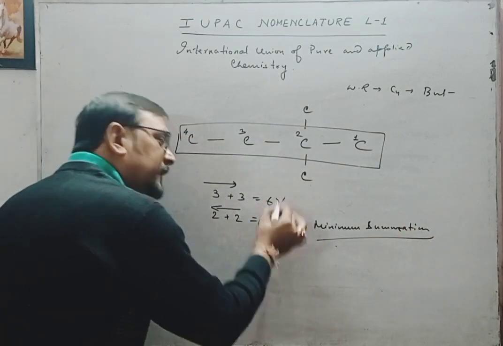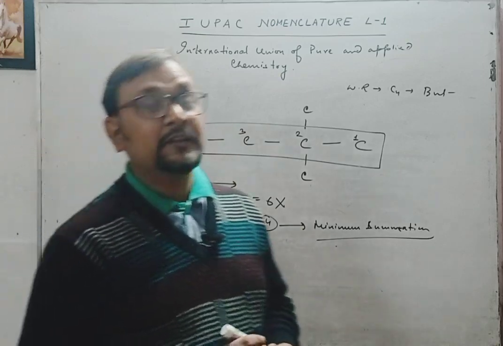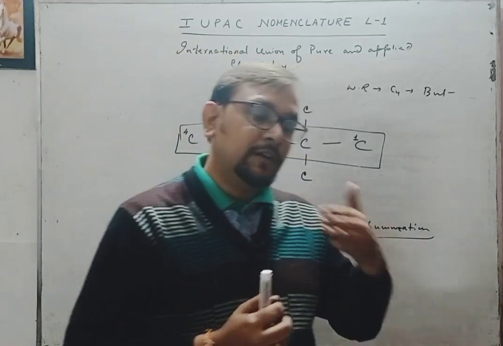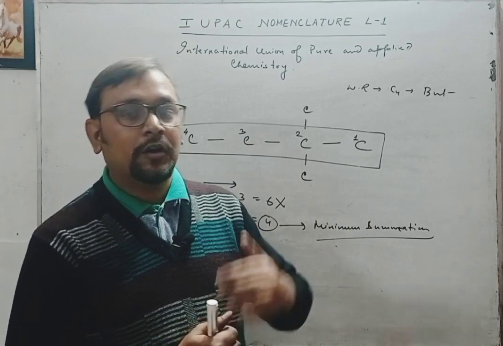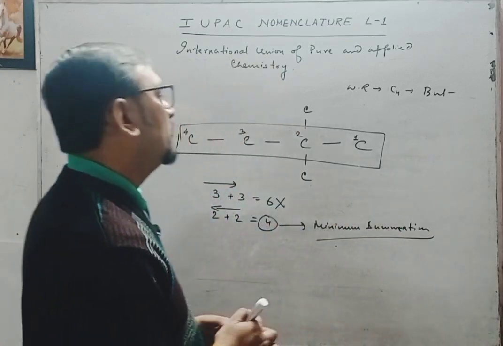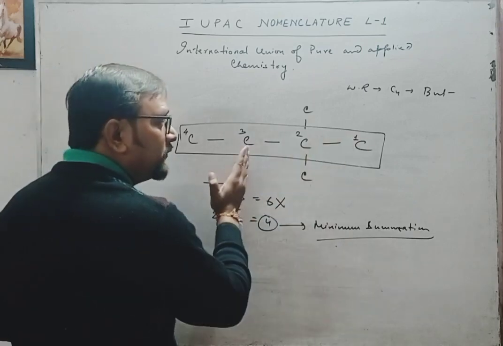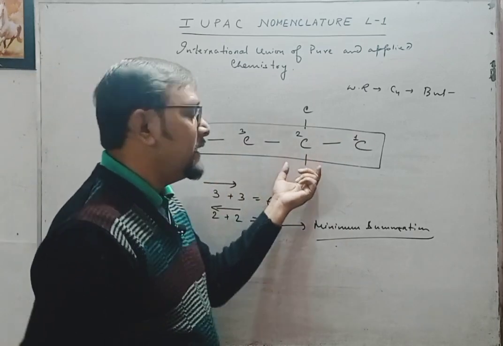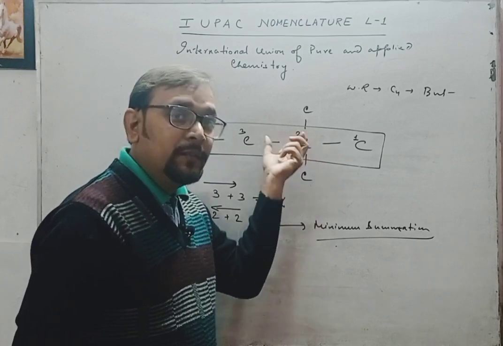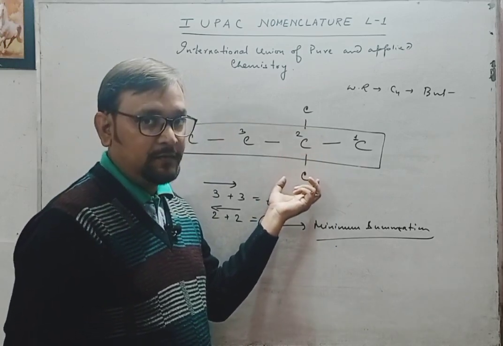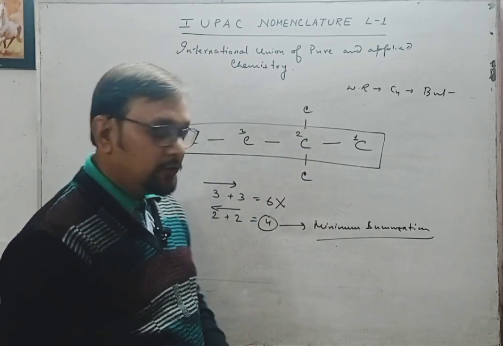You cannot take the maximum value. This will give you the correct preference in which order you should go for the numbering pattern. Understood? So 1, 2, 3, 4. Here if I number this from this side, then I am giving minimum locant or minimum numbering to the substituent, right? Okay, understood this rule?